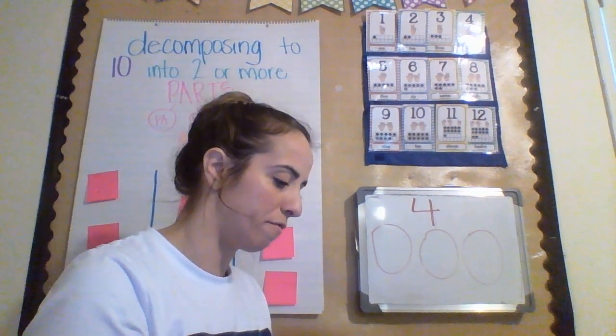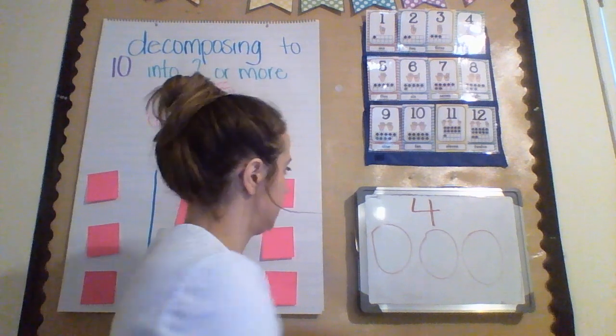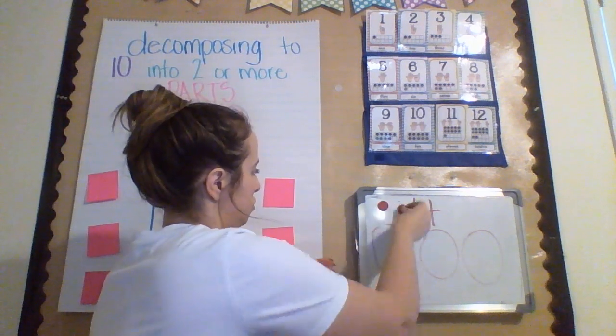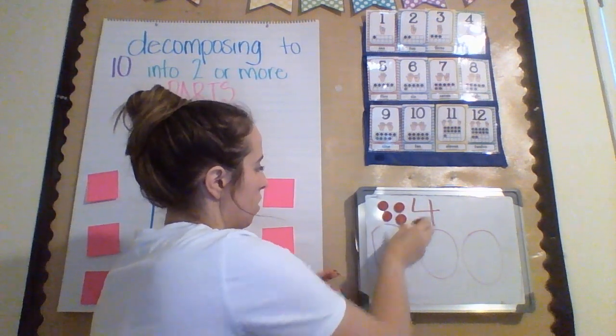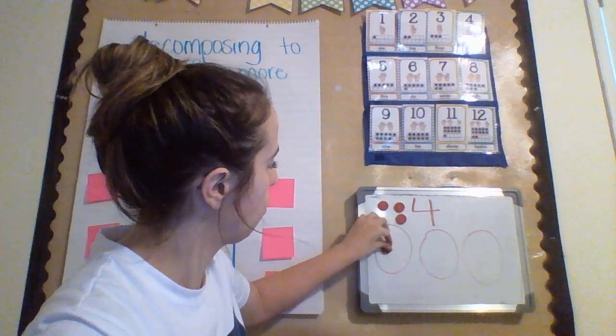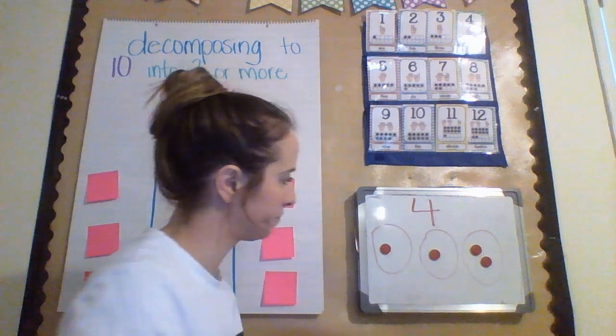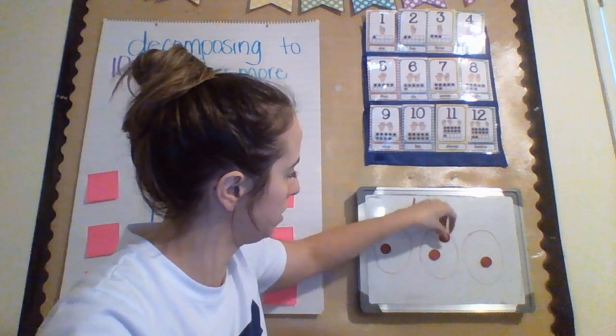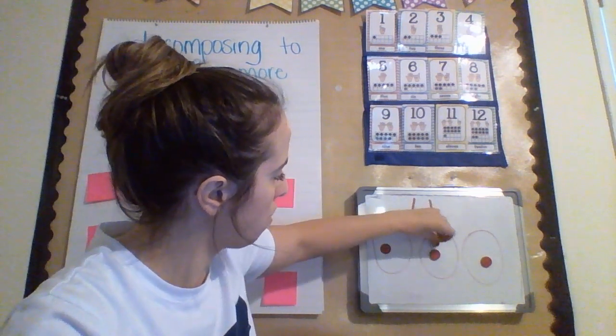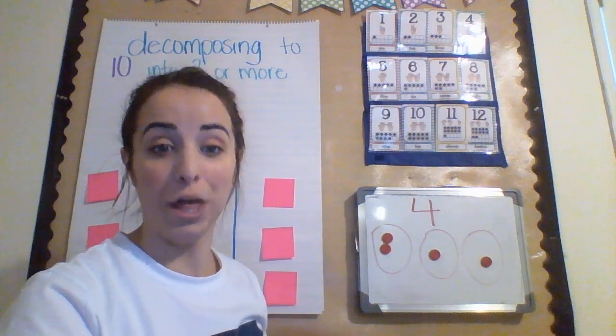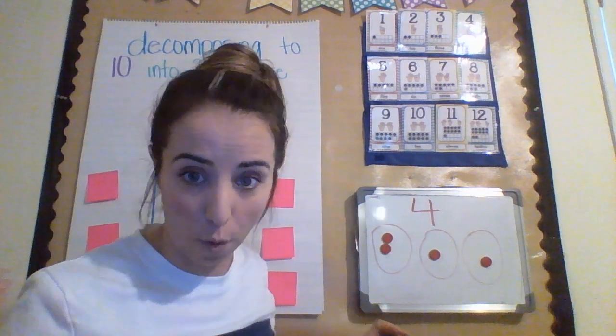So I'm going to get my 4 counters because our number is 4, 1, 2, 3, 4. So one way I can do it is I can put 1 here, and 2 here. Or I can put 2 in the middle, or I can put 2 on the left. That's ways you can decompose the number 4, okay?